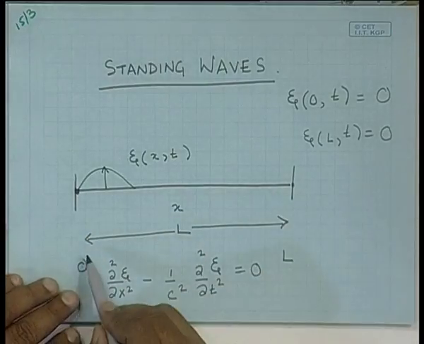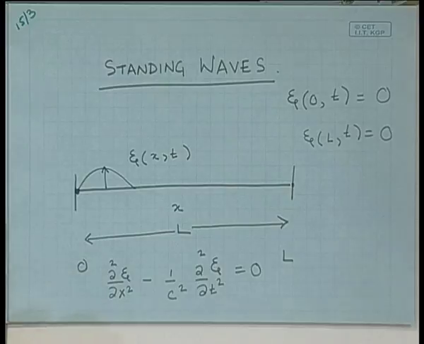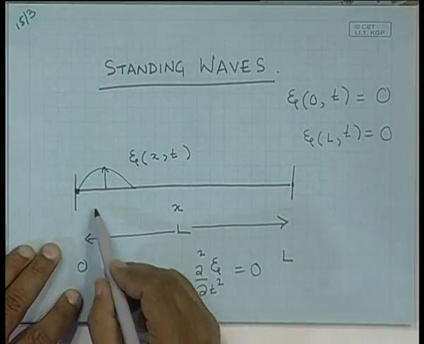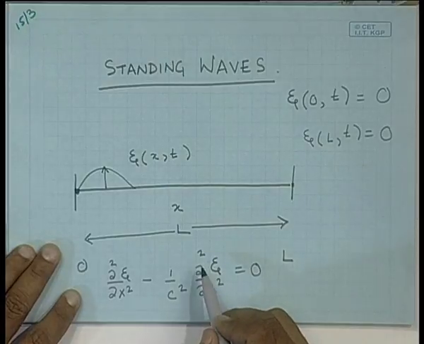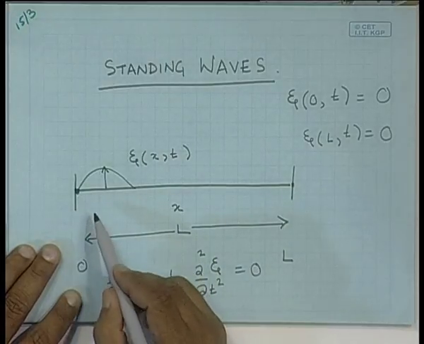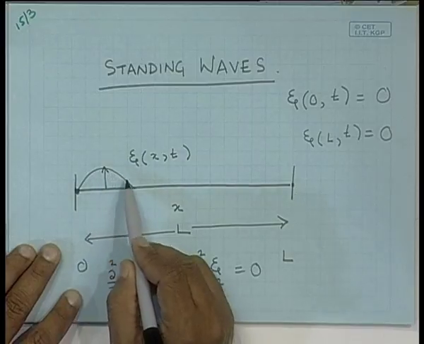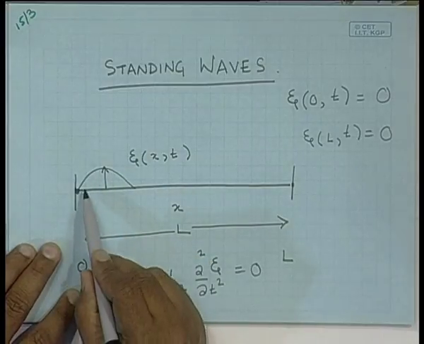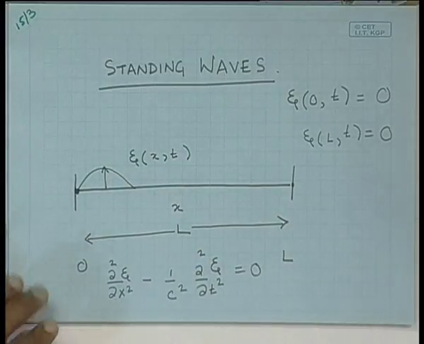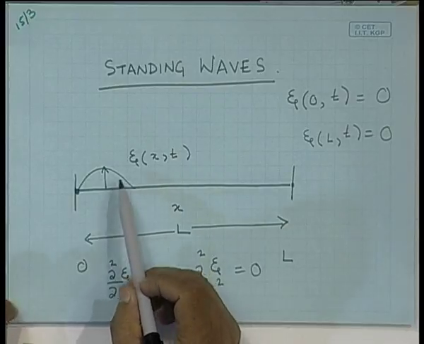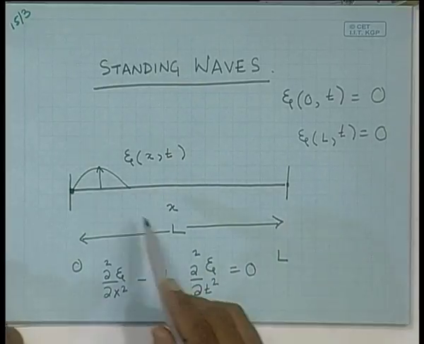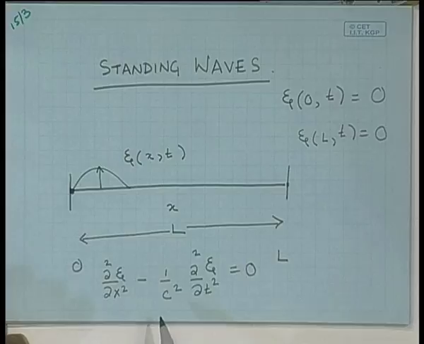So, x goes from 0 to L. The string is stretched, so it has a tension T and we consider a situation where the string is plucked. So, a disturbance is introduced in the string and then the string is let to vibrate, and we would like to study the time evolution of these vibrations that are introduced in the string.